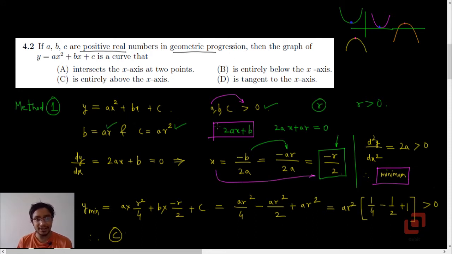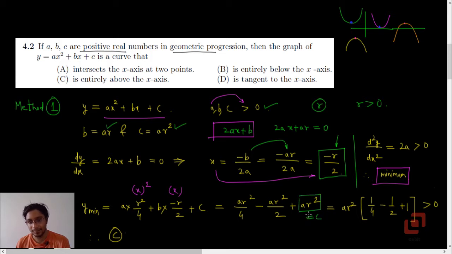in the definition of the function, that is ax squared plus bx plus c. So I have done that here. y min is a into r squared by 4 because this is x squared, plus b into minus r by 2 because it is x, plus c. Now we are not using b and c, we are using b as ar and c as ar squared.